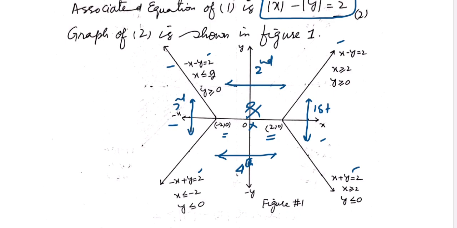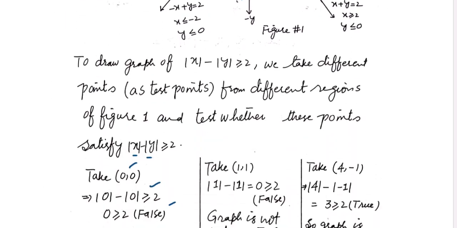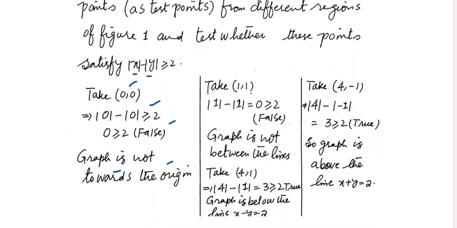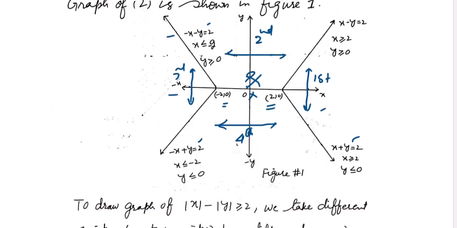Now take the point (1, 1). Where is (1, 1)? (1, 1) means the first quadrant. This is the point (2, 0). So clearly this is the point x = 1, y = 1, which lies here in the first quadrant.